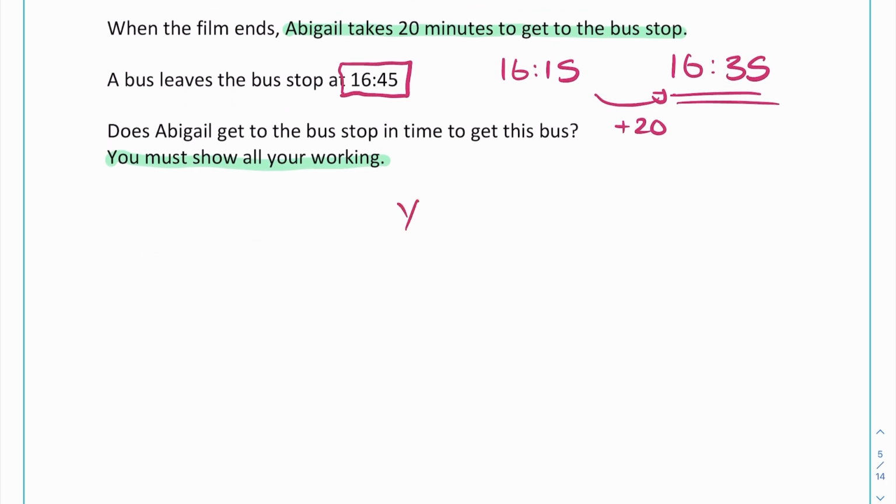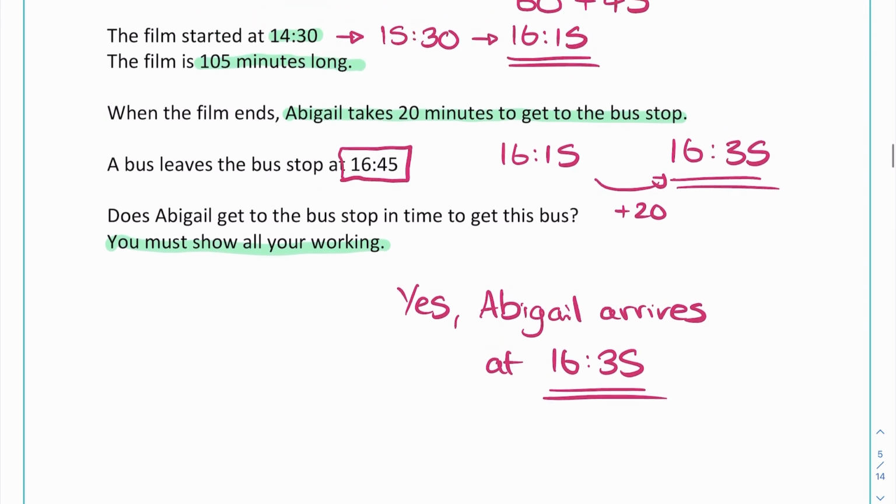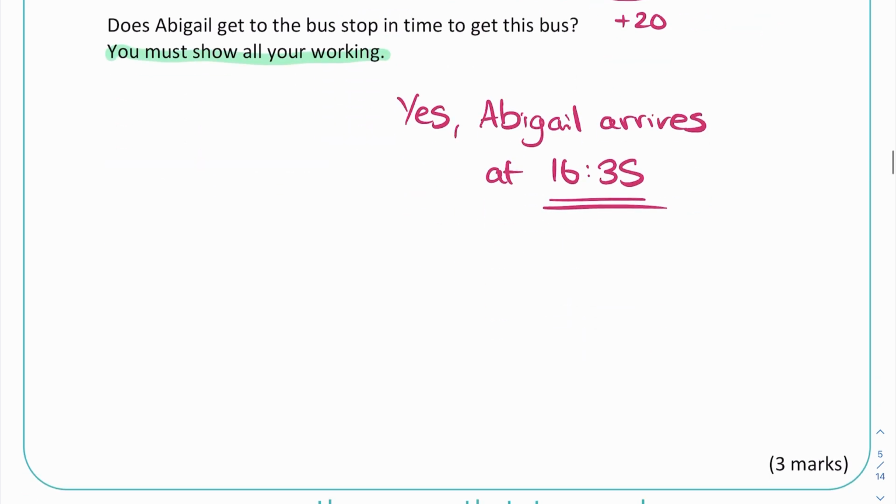So yes, because Abigail arrives at 16:35. So she is definitely going to get there in time. There we go, we've shown all our working because we've shown those steps there of how we actually manipulated the time to figure out when she'd arrive.